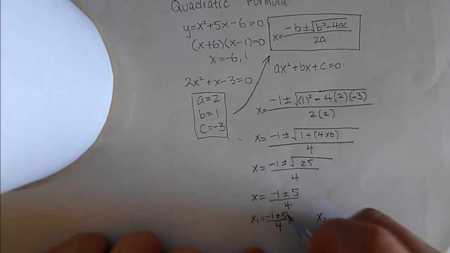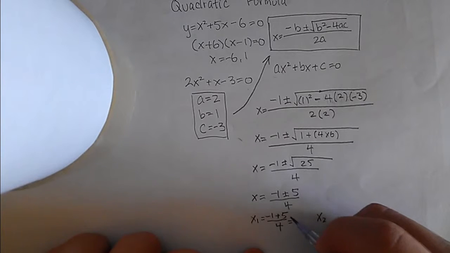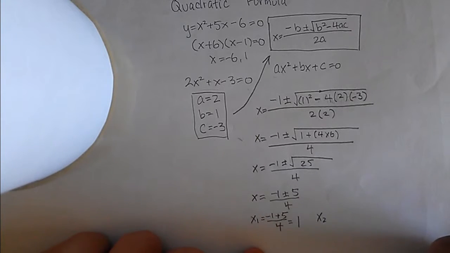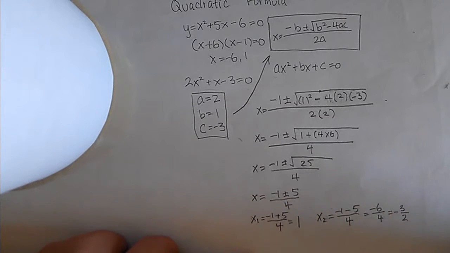This is equal to, since 5 minus 1 is equal to 4, so it's 4 over 4, which is equal to 1. Your second x value would be equal to negative 1 minus 5 over 4, which is equal to negative 6 over 4, which is equal to negative 3 over 2.